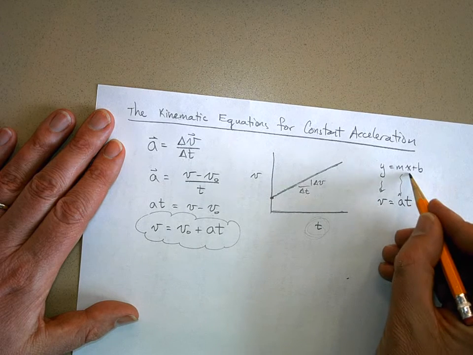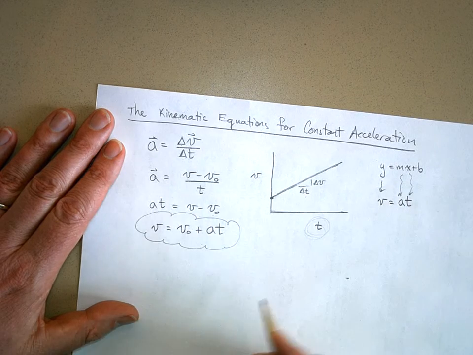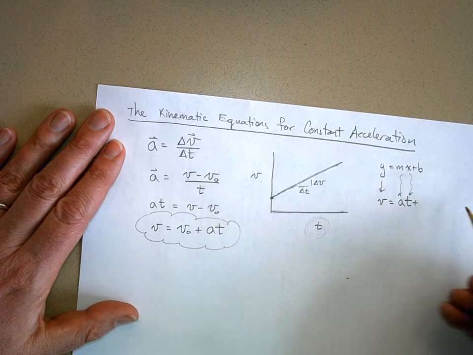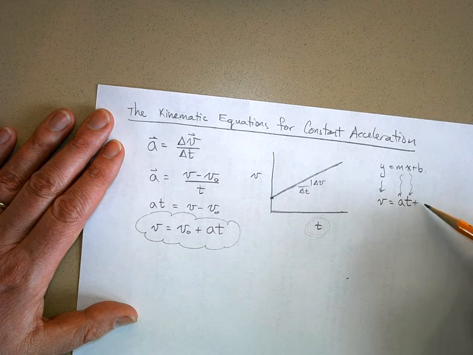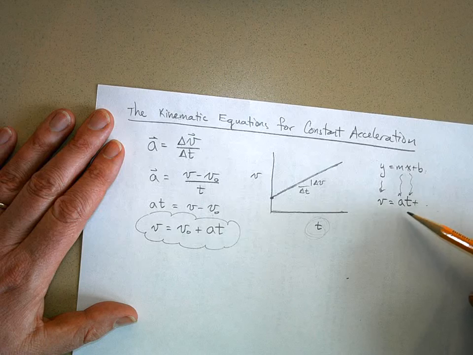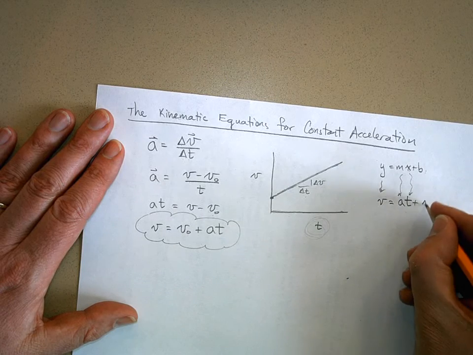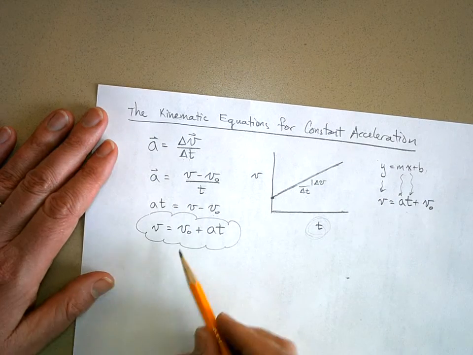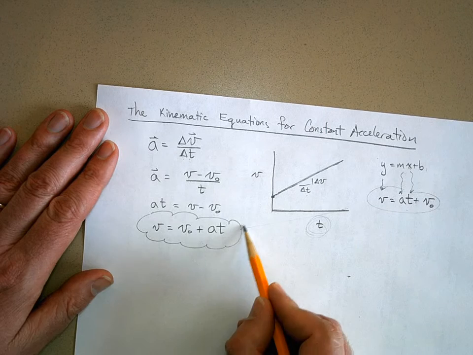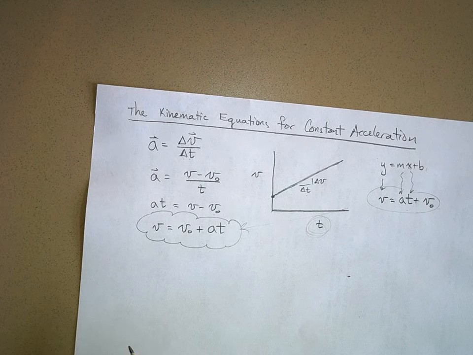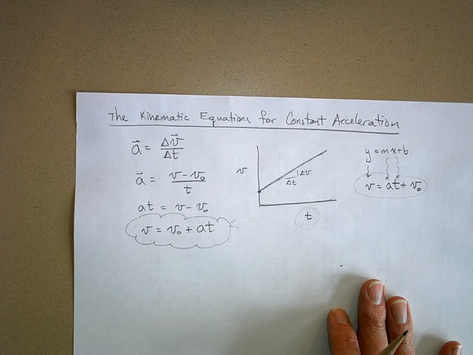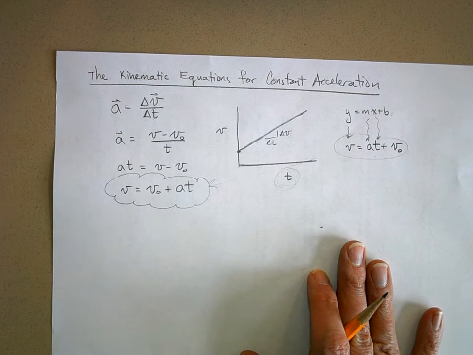So here's my slope, times x, which we're now calling t, plus my value for y when x was 0. That's my velocity v when t is equal to 0, or my initial velocity. And look, it's the same equation over here. Okay? Make sense so far? All right. So this is one of the kinematic equations.